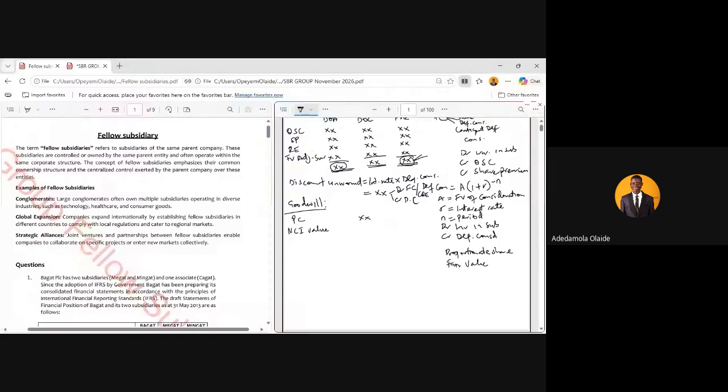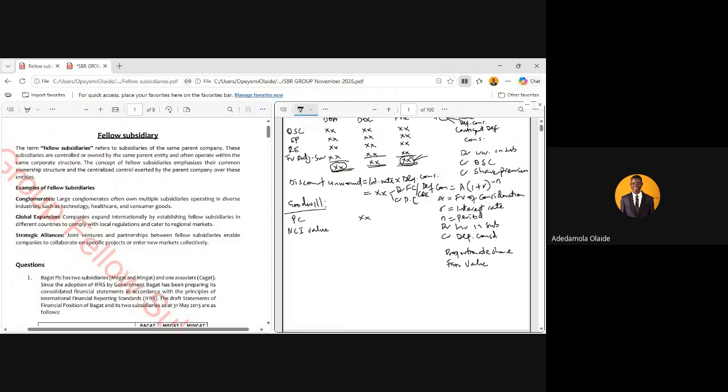What's the difference between the two? Proportionate share is where we are using the book value of the net asset to value the NCI. That is whatever we have in our books is what we want to use to value NCI. And how do we do that? This net asset at the date of acquisition we calculated here, we'll multiply it by the percentage NCI is holding.